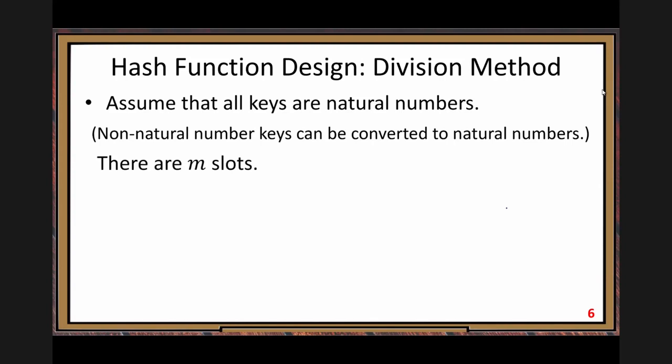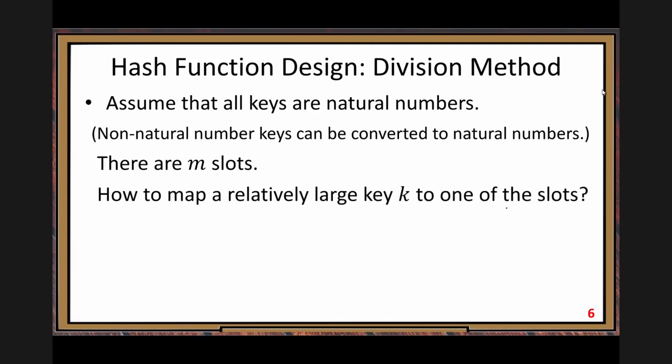There are n slots. Assume our data items are stored in n slots in memory. How do we map a relatively large key k to one of the slots?